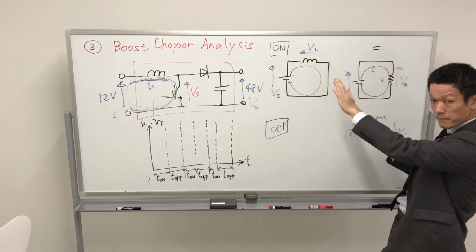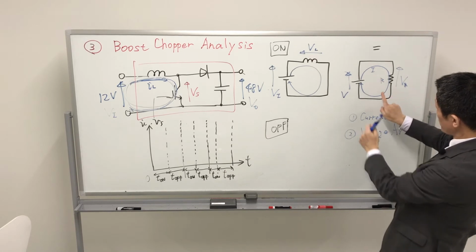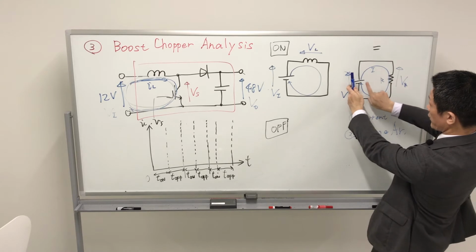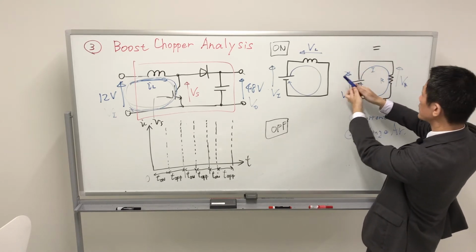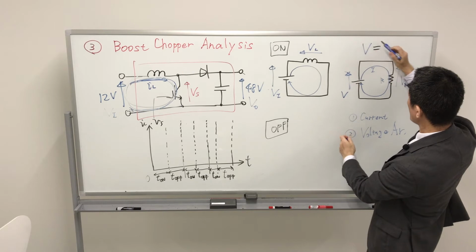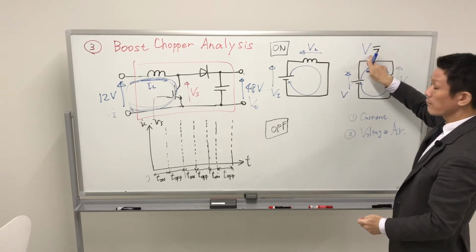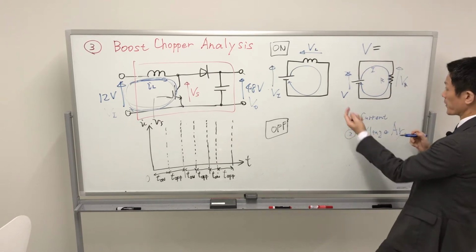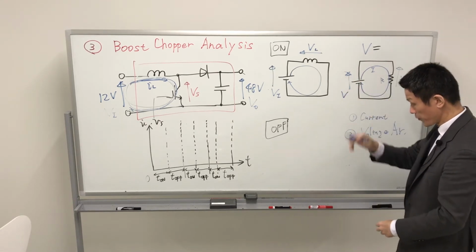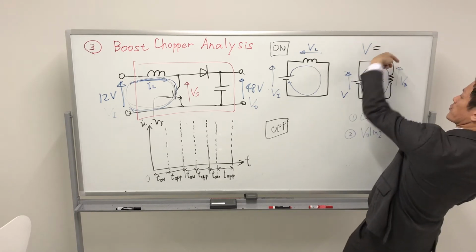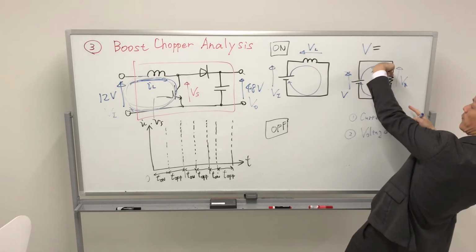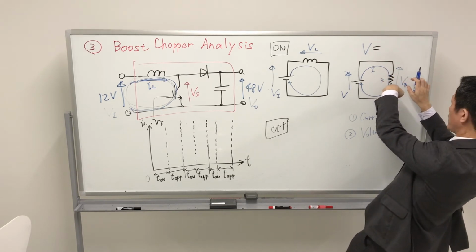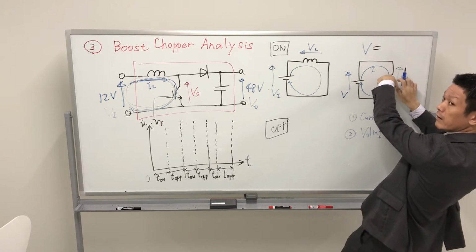So this is the current flow direction, the same one, so it is arranged on the left side, and the right side is for arrows opposite to the current flow direction. The current flows in this direction, but the voltage arrow is on the opposite side.